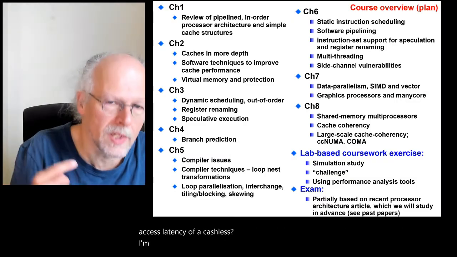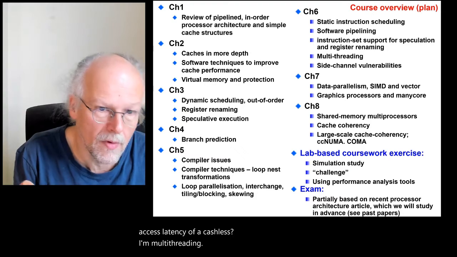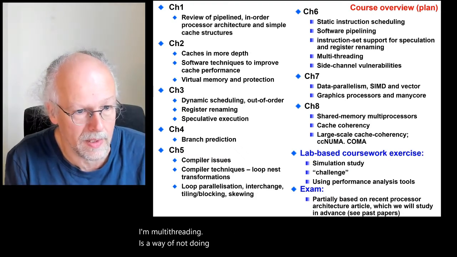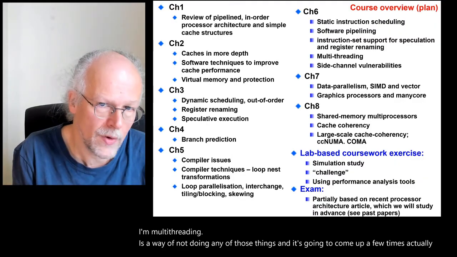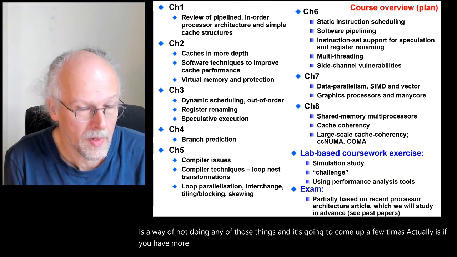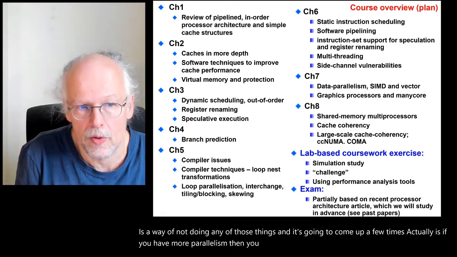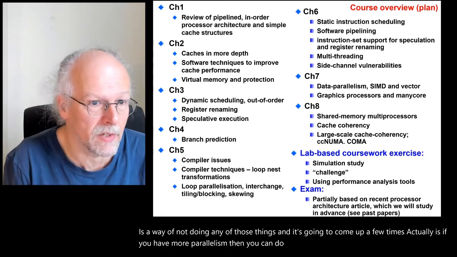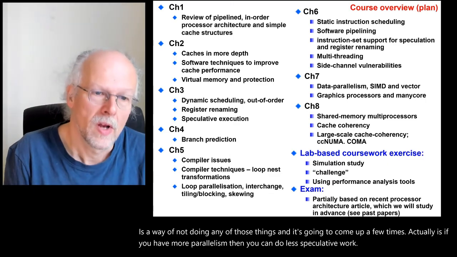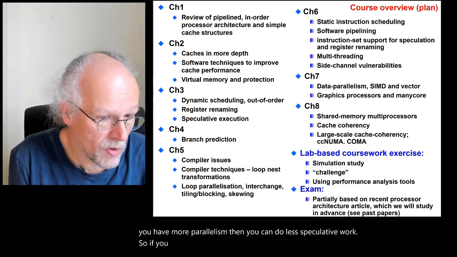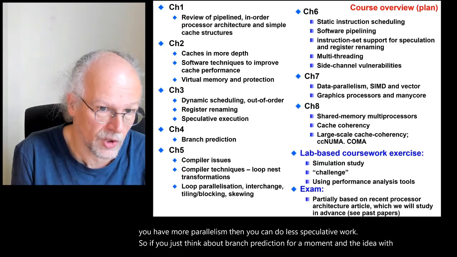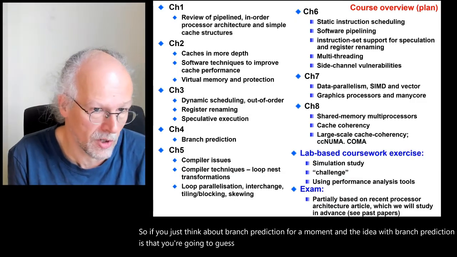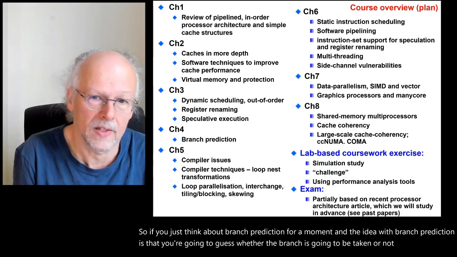Actually, multithreading is a way of not doing any of those things. And it's going to come up a few times, actually: if you have more parallelism, then you can do less speculative work. So if you just think about branch prediction for a moment, the idea with branch prediction is that you're going to guess whether the branch is going to be taken or not taken and speculate.